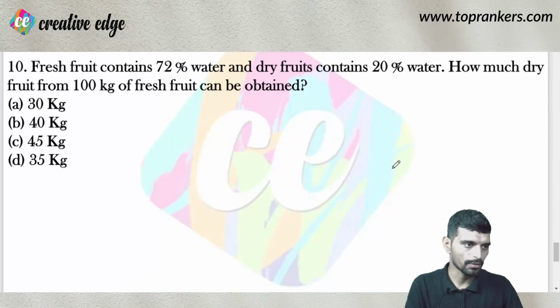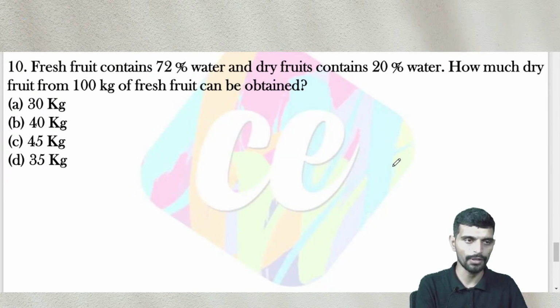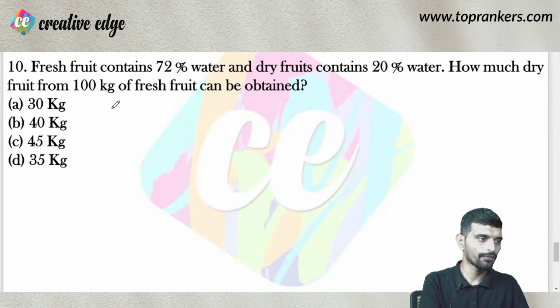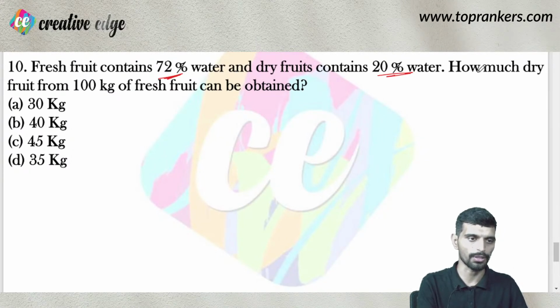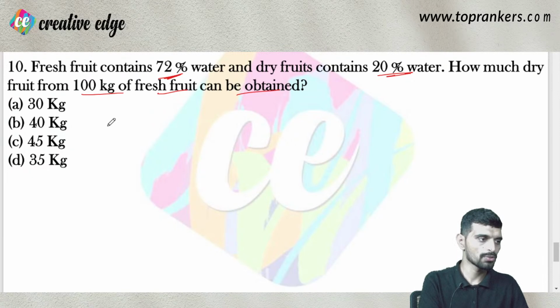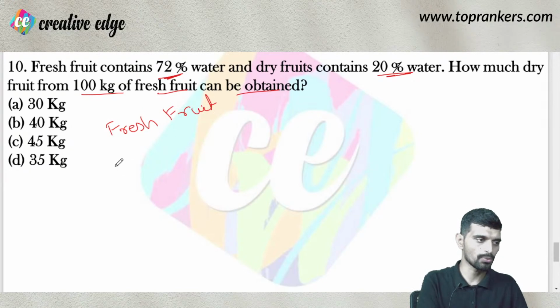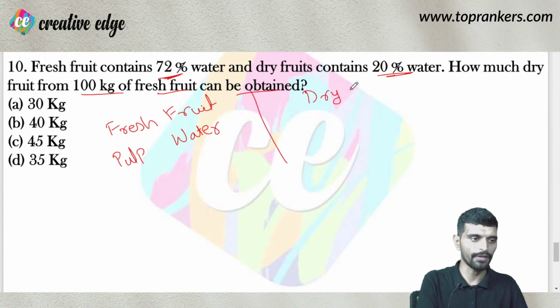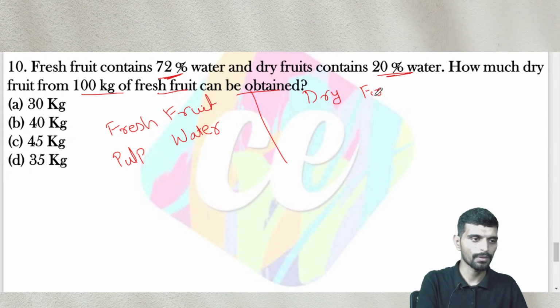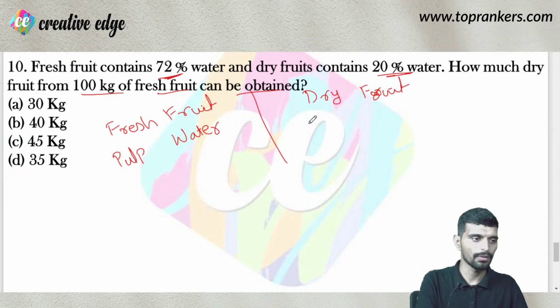Last question for the series, and after that we will discuss the allegation method quickly. A fresh fruit contains 72% water and dry fruit contains 20% water. How much dry fruit from 100 kg of fresh fruit can be obtained? So fresh fruit must contain two things. One is pulp, the other one is water, and the same can be said about dry fruit, pulp and water.